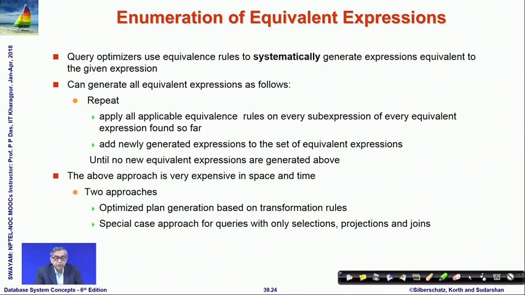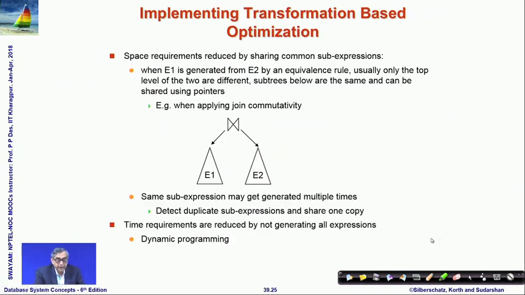This could be very expensive because the number of alternatives could be really large. So, the optimized plan generation is also based on the transformation rules, and we may have different special case approaches to take care of the common optimization plans that we might have.